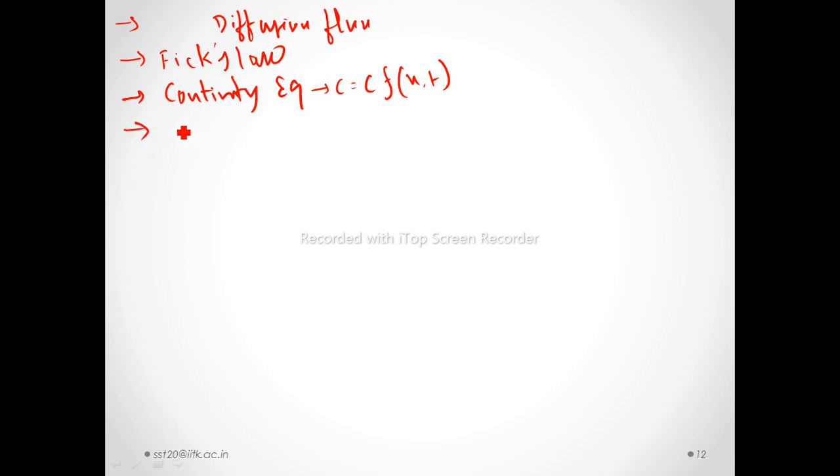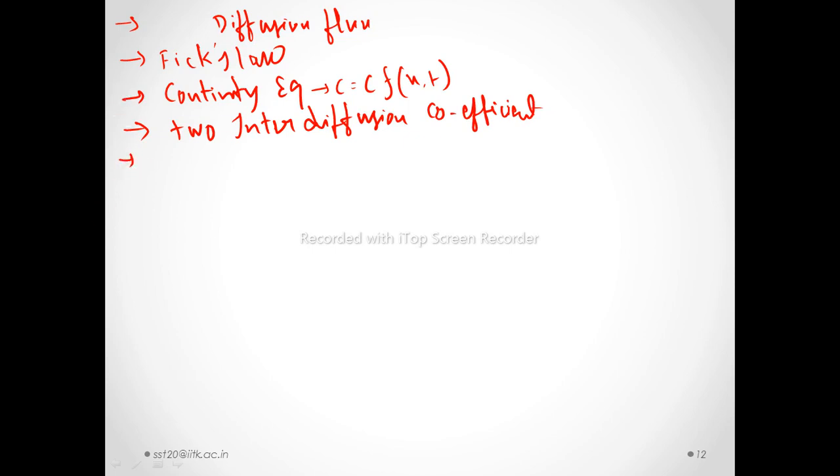After that we came to know about the two interdiffusion coefficients, that is the main interdiffusion coefficients and the cross interdiffusion coefficient. And we understood the importance of these coefficients, like how they affect the flux value.